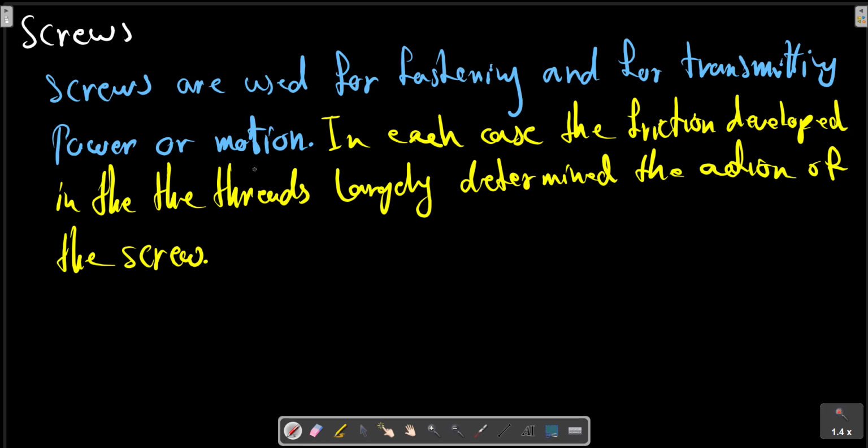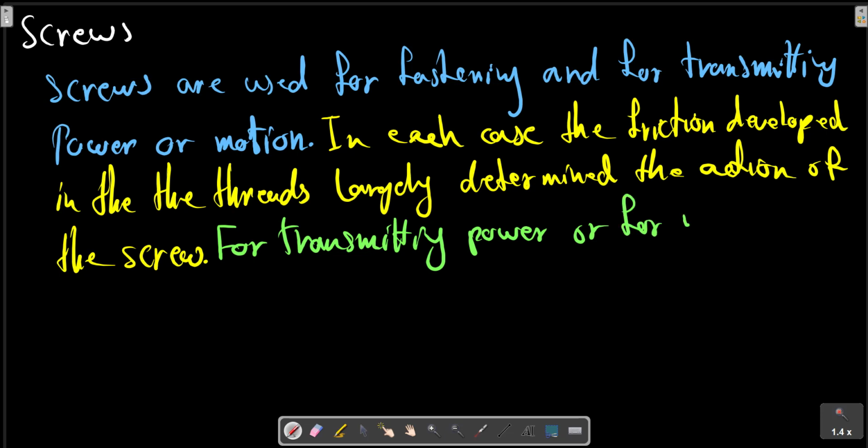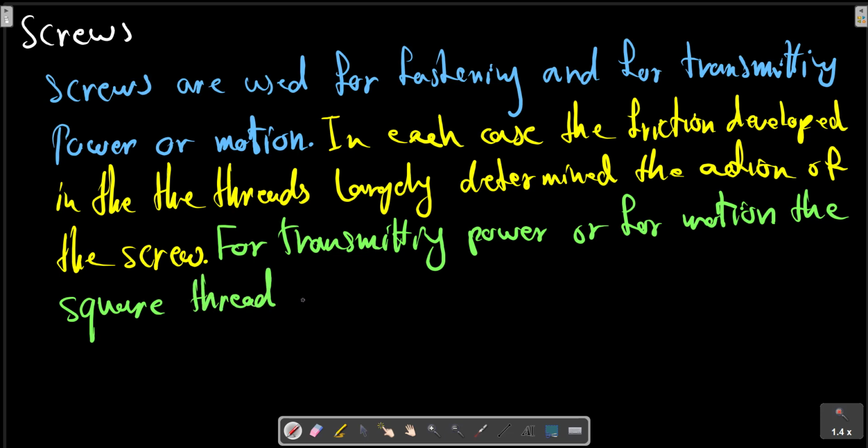For transmitting power or for motion, the square thread is more efficient than the V thread.